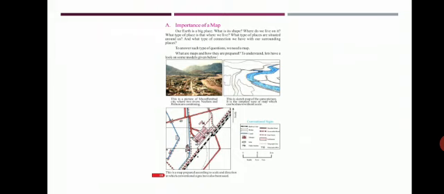So, the directions. First, do you know the directions? Who is going to tell me? Good, very good. To know about the directions, there is a very simple and interesting activity to find the directions.